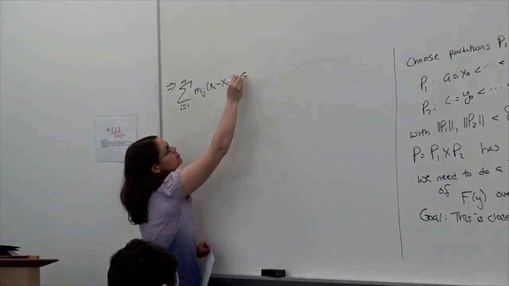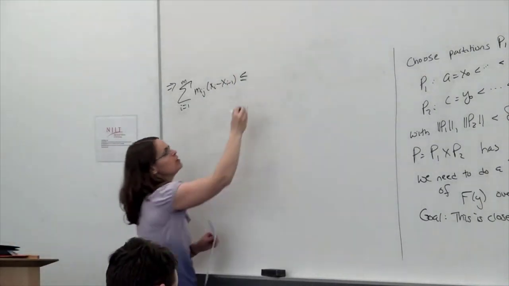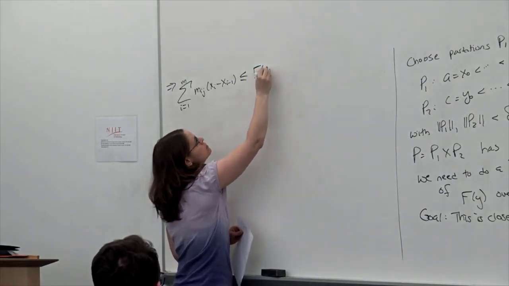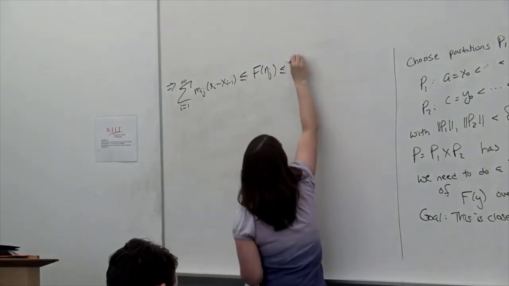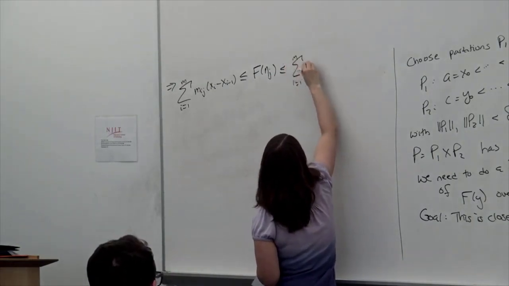This is going to be less than the value of that integral, which we call capital F, which is bounded, once again, by the upper sum.